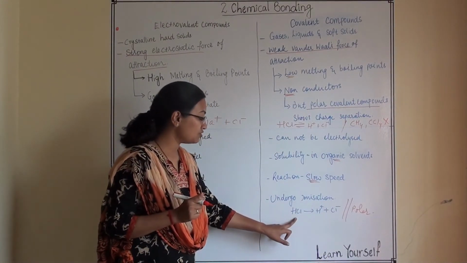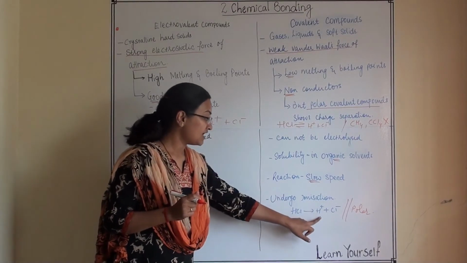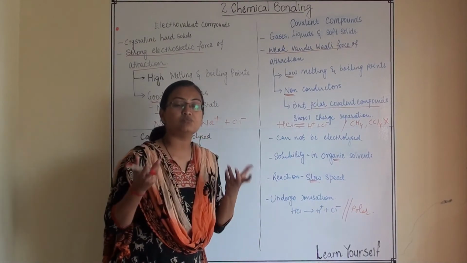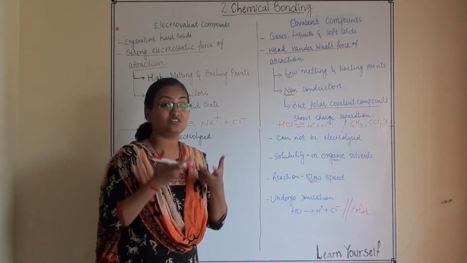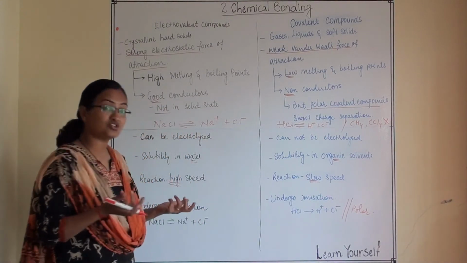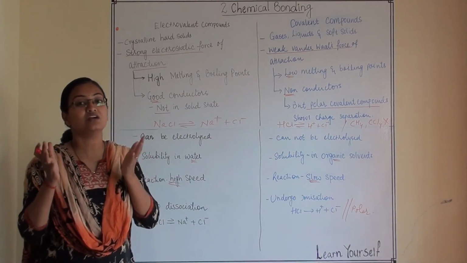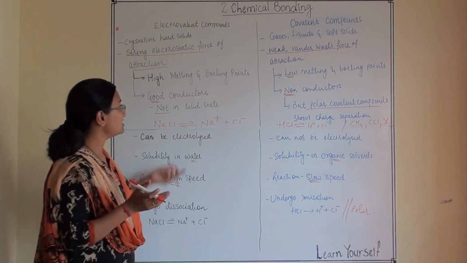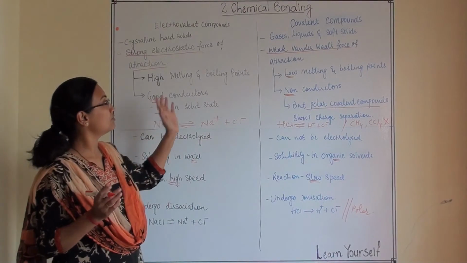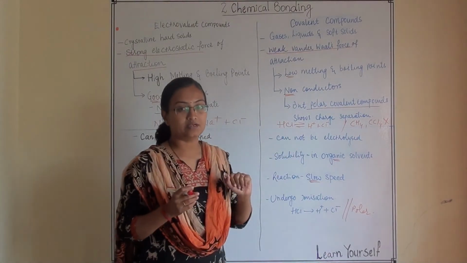Ionization means whenever you take HCl, H plus and Cl minus will be generated. Ionization means it generates ions. Dissociation means you are breaking a molecule and generating ions. So this is the basic difference between electrovalent compound and covalent compound.